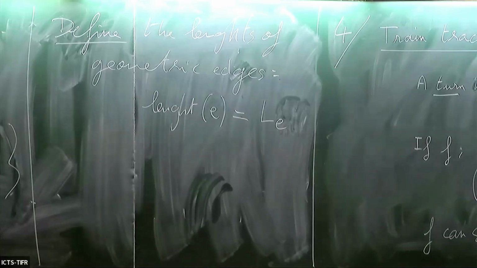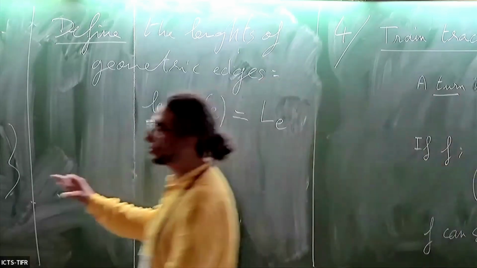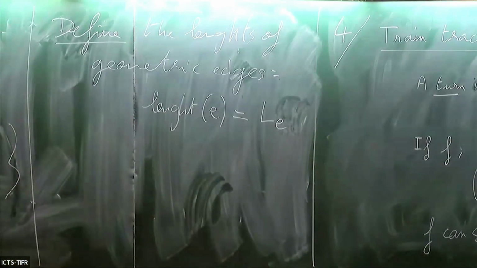Oh, my automorphism is fully irreducible from the beginning. So in this case, yes, I can apply Perron-Frobenius because of the irreducibility here.